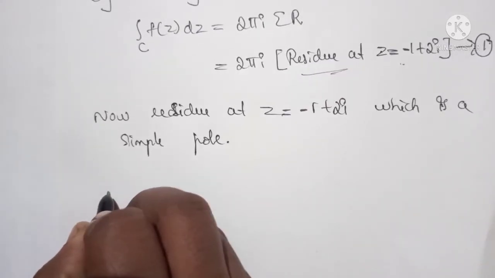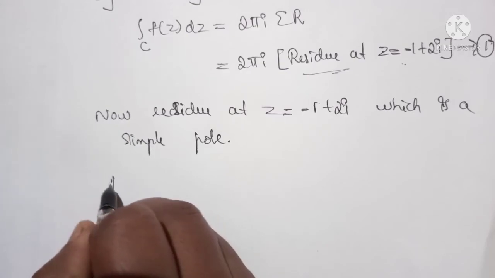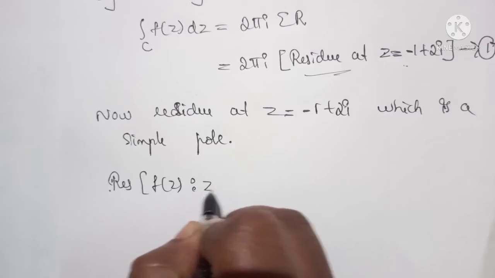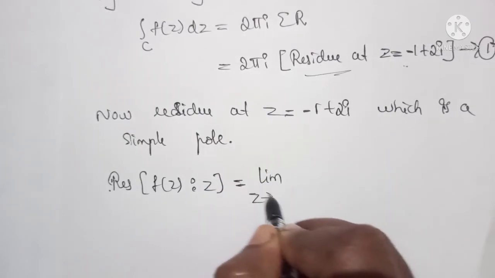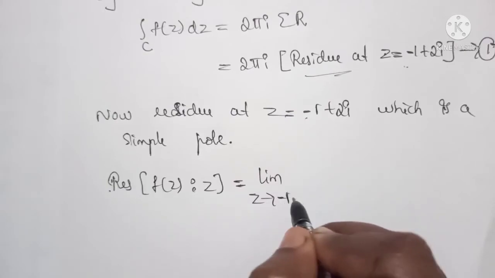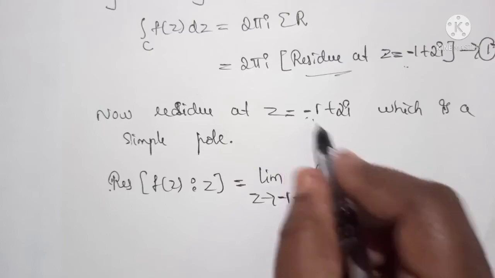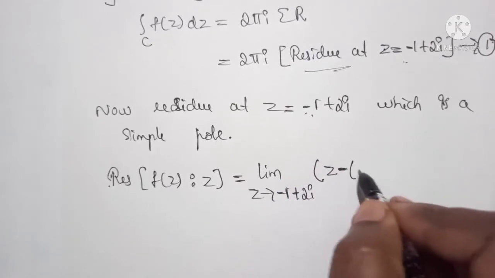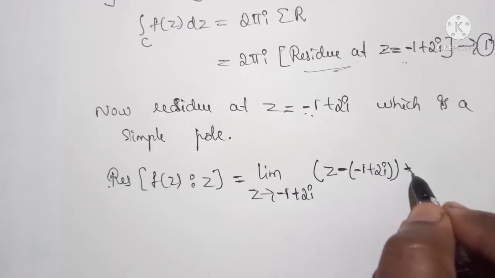So now we apply this formula: residue of f of z at z equals minus 1 plus 2i is equal to the limit as z tends to minus 1 plus 2i of z minus (minus 1 plus 2i) into f of z.